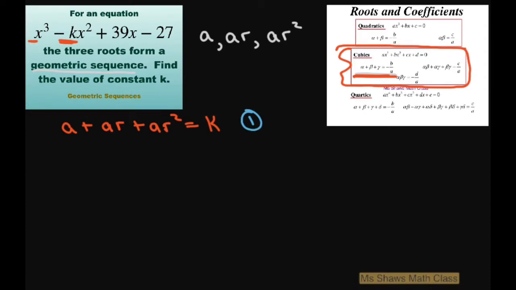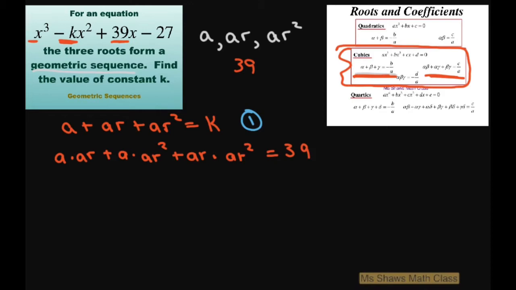All right, so now let's do the second one. That's where we multiply the roots in pairs, and we get c over a, which is going to be 39. So we get a times ar plus a times ar squared plus ar times ar squared, and this equals 39.